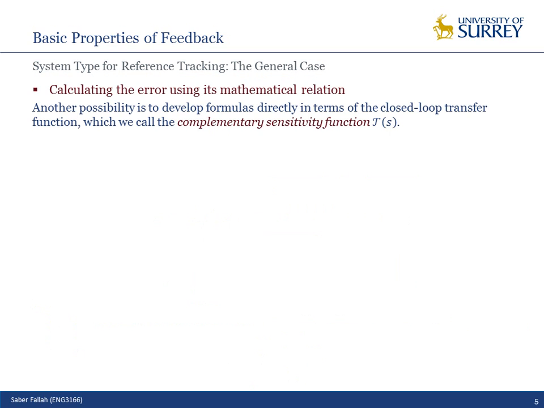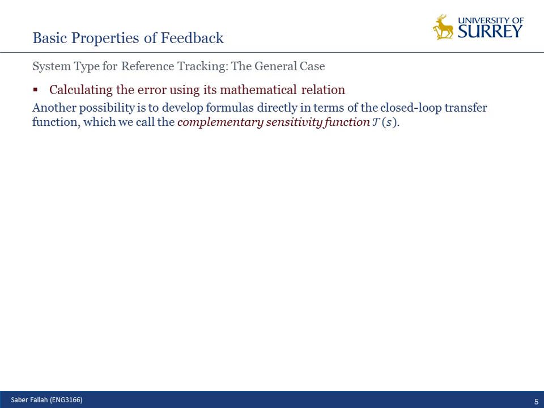But this is another way to calculate the steady state error of the system. Why do we need to calculate this? What's the reason that steady state error is always so important to us? What's the definition of the error? Reference and output.